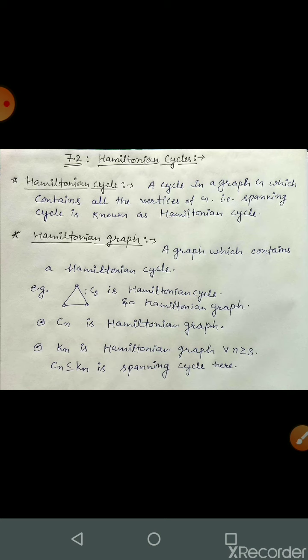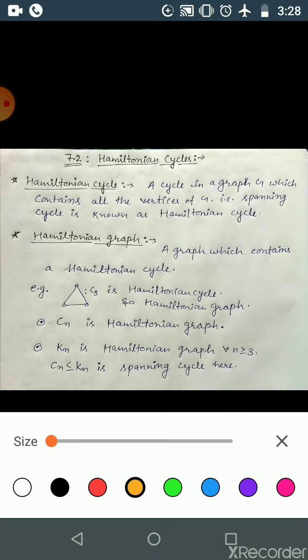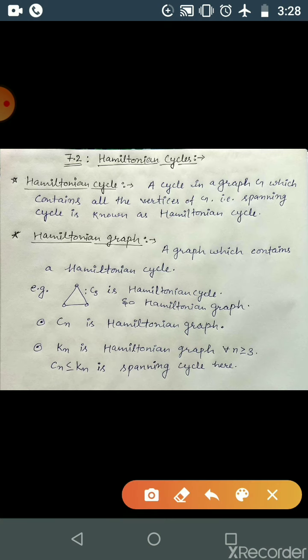This section is the last section. Here we will be studying Hamiltonian graphs and Hamiltonian cycles. Why is the name Hamiltonian?